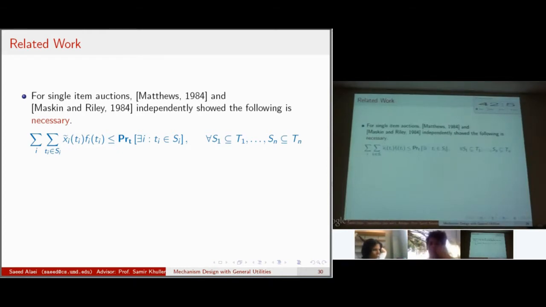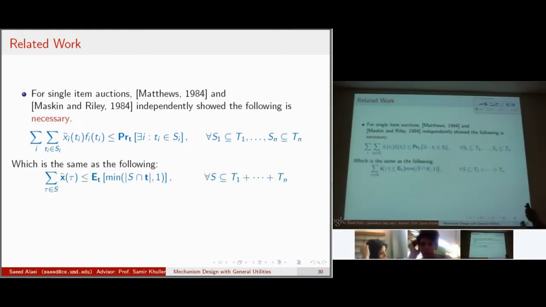So here is a bit of related work. This polymatroidal condition for feasibility and sufficiency of interim allocation rules, for the case of a single item: the necessity of that condition was discovered by Matthews and Maskin and Riley independently.